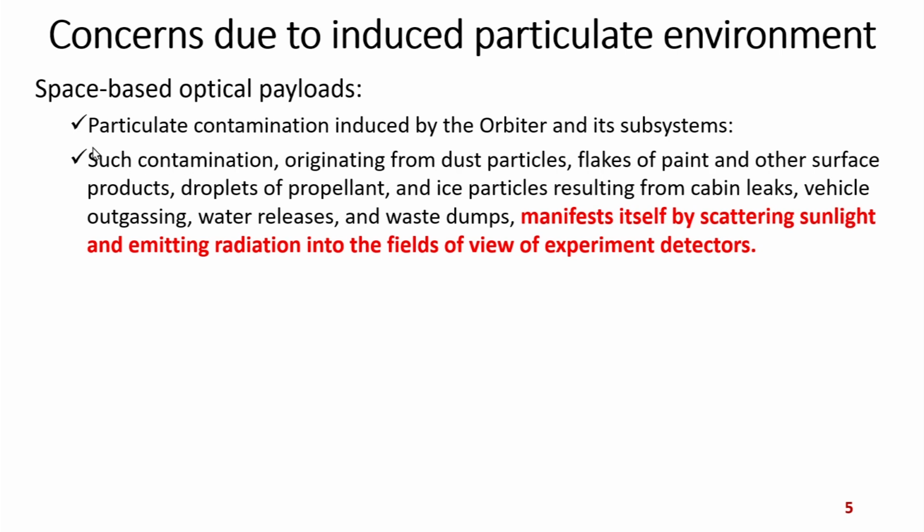This type of contamination originates from dust particles, flakes of paint and other surface products, droplets of propellant, or ice particles resulting from cabin leaks, vehicle outgassing, water releases, and effluent or waste dumps. These manifest themselves by scattering sunlight or EM radiation and emitting radiation into the field of view of the detectors of the optical payload.